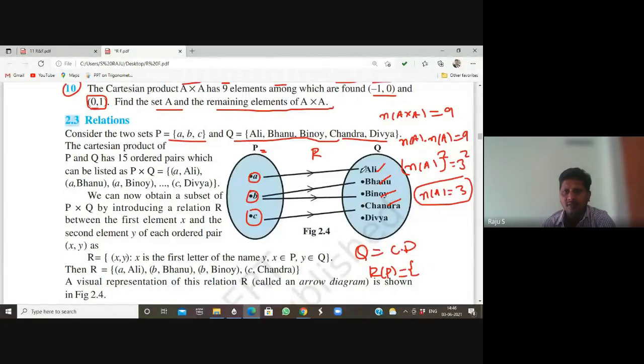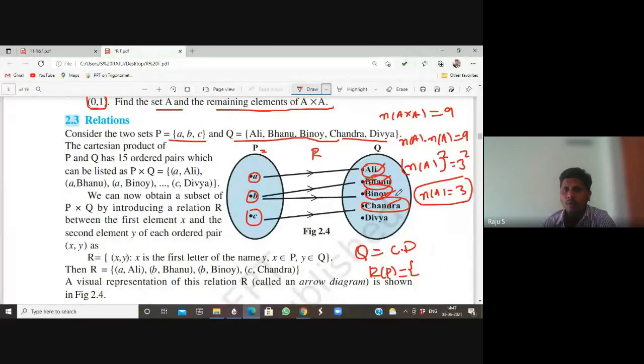In the same way, whatever the images are, Ali, Banu, Chandra alone form the range. Divya has no pre-image. It's not related to any element, so it just belongs to the codomain. Codomain means consider all the elements, but range means just the images.